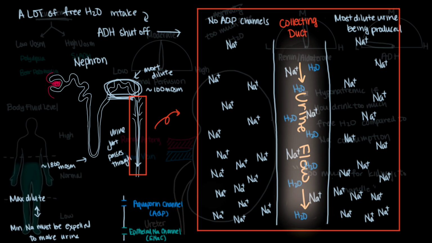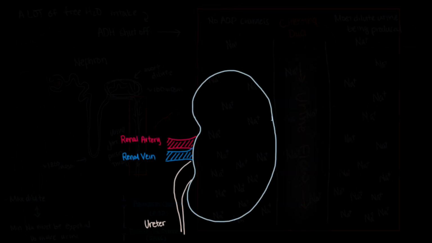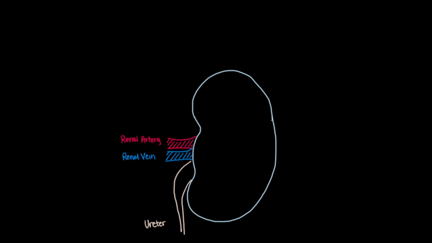In other words, if you happen to take in any kind of drink, like just plain water, for example, that is more dilute than the maximum diluted urine that your kidneys can produce, you would end up decreasing your serum osmolarity.